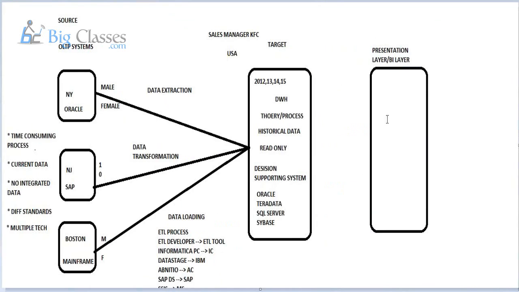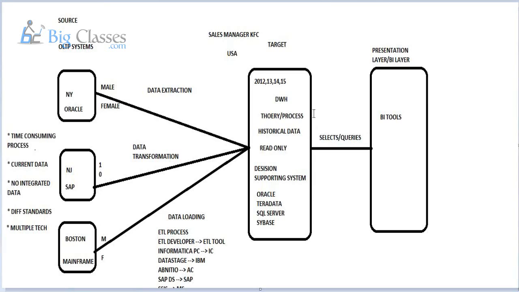The BA tools, the business intelligence tools, are going to access the data from the data warehouse and build the reports. They select the data or query the data, so both are the same.